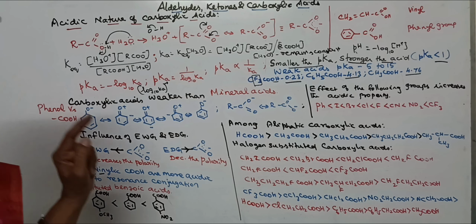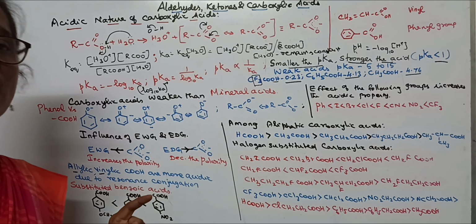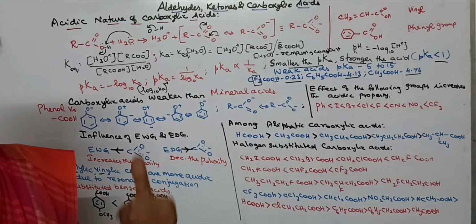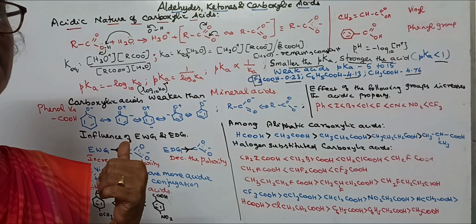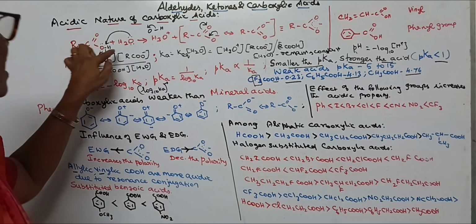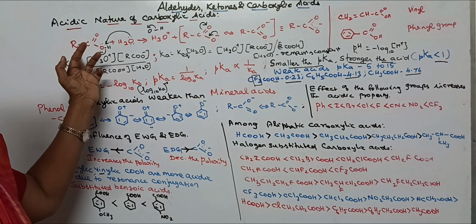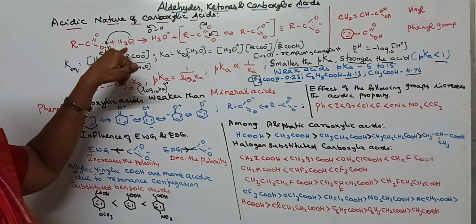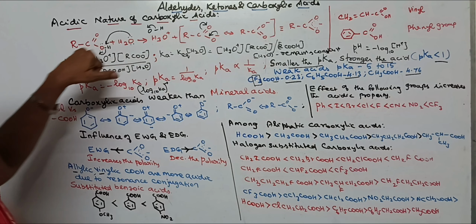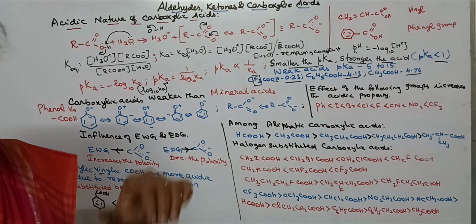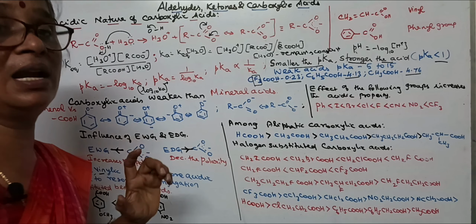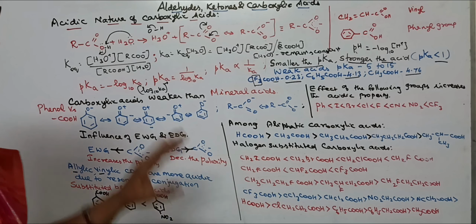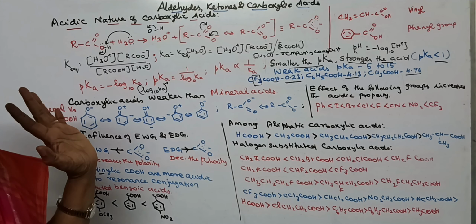When we discuss the acidic property of alcohol, we said alcohol is able to accept a proton from water, so they are said to be Bronsted bases. But in this case, carboxylic acid is able to donate the proton. So here water accepts the proton and hence water is said to be a base, but carboxylic acid is said to be an acid. So from that correlation itself we can identify that alcohols are weaker acids compared to carboxylic acids.